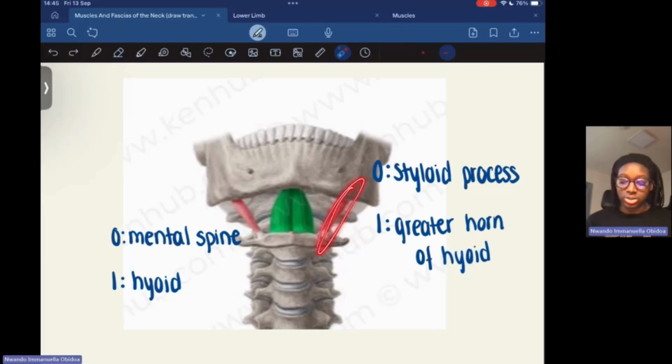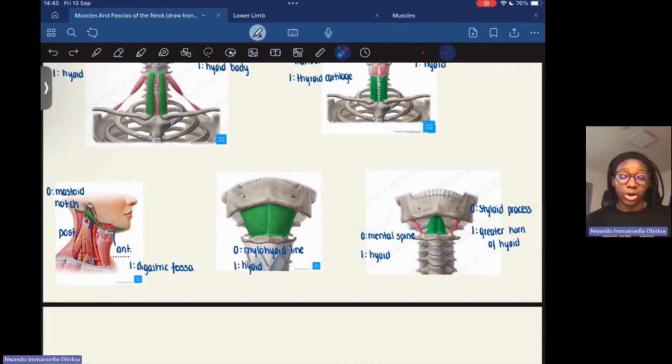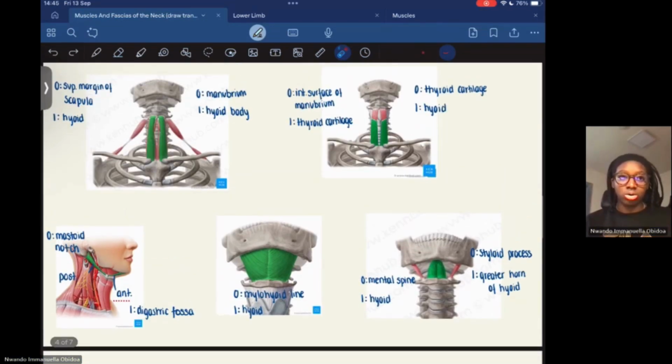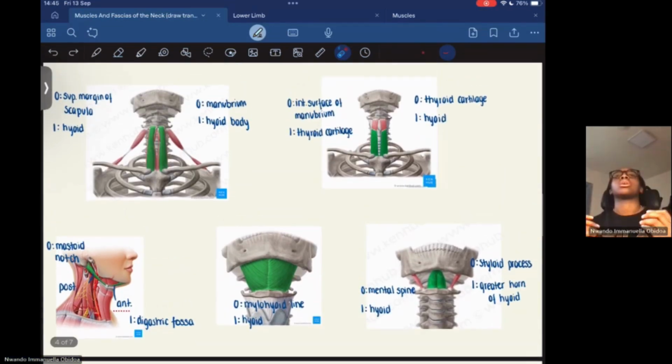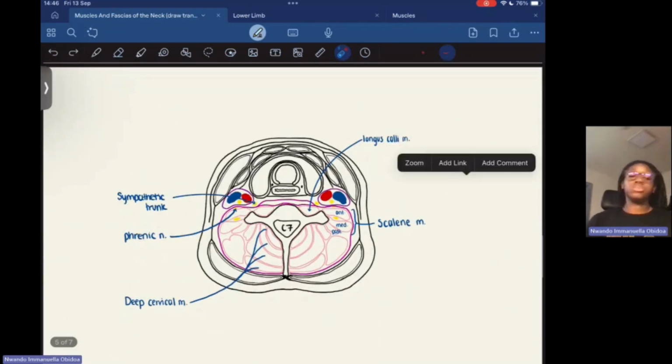And then the styloid process from your temporal bone to the greater horn of the hyoid bone, which makes the stylohyoid muscle. The suprahyoid muscles all function in elevating, so raising your hyoid bone, and those which are attached to the mandible will depress the mandible when contracted.